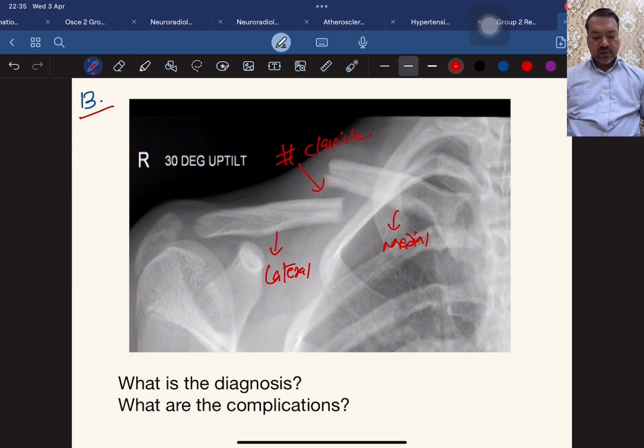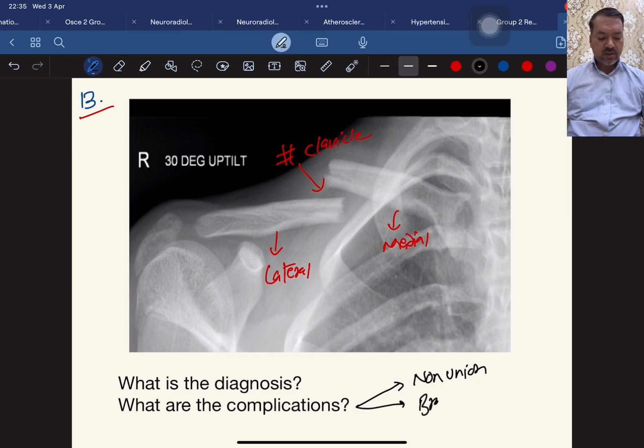So the diagnosis is straightforward. And what are the complications? The complication that can occur is usually non-union of the fracture, which is one of them. This is a general type of discussion actually, but which structures are very near to the fracture, like the brachial plexus and subclavian vessels.